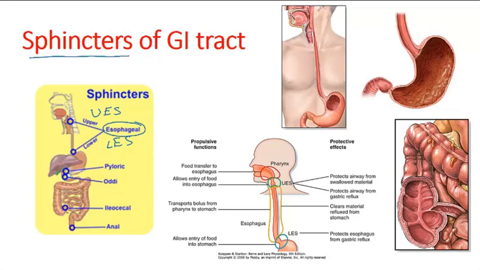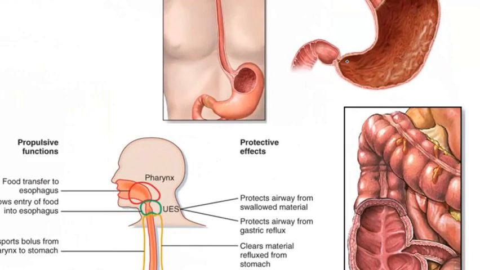Then at the end of the stomach, at the junction between the duodenum and stomach, the pylorus of the stomach, there is a sphincter that controls the release of the mechanically and chemically treated compound in the stomach to take entry into the duodenum.